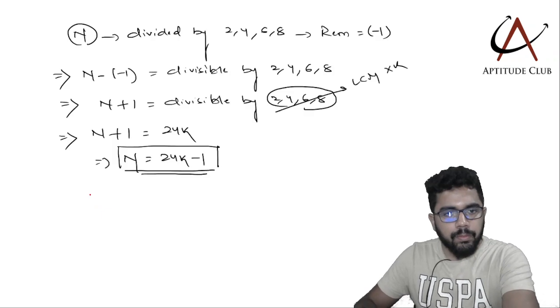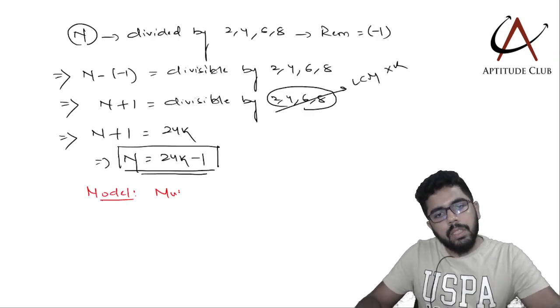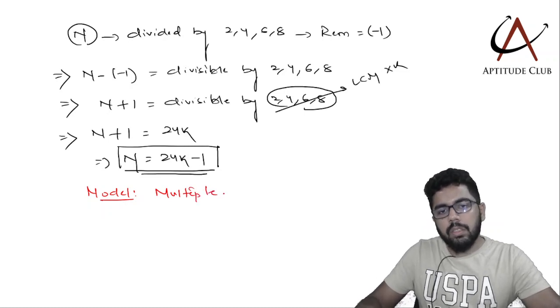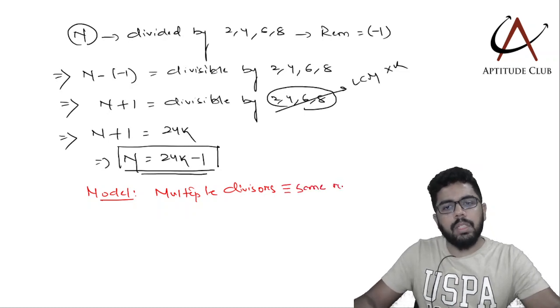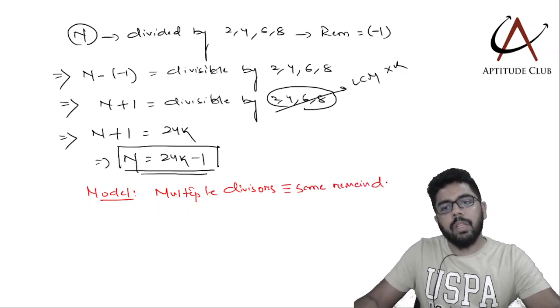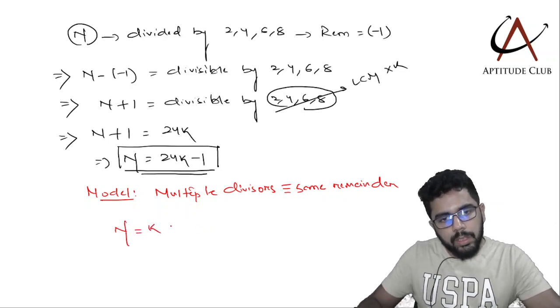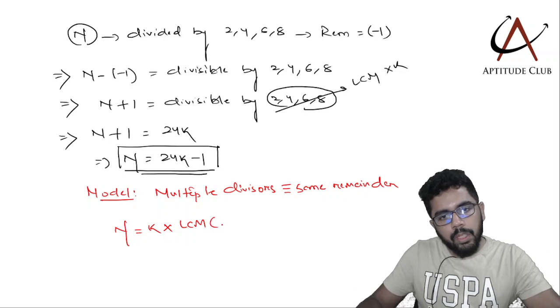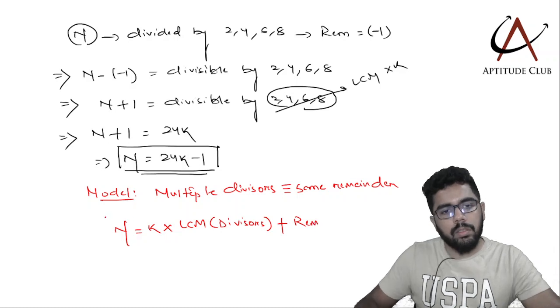So next time you see such a question, we usually get such questions, we can develop a model. So the model is this: if I have multiple divisors and I get the same remainder, be it positive or negative, then the number is k into the LCM of the divisors plus the remainder.